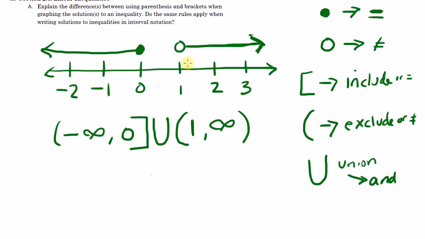This video is just a review. Do the same rules apply when writing solutions to inequalities in interval notation? Well, if this is graphing the solution and this is interval notation, you can see that the same rules do apply. I use different symbols, but the rules are the same.